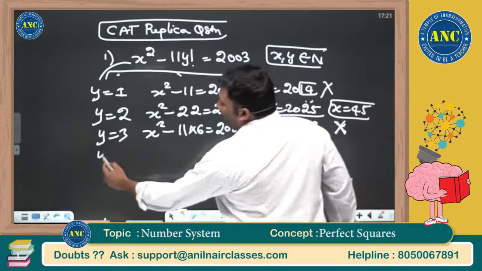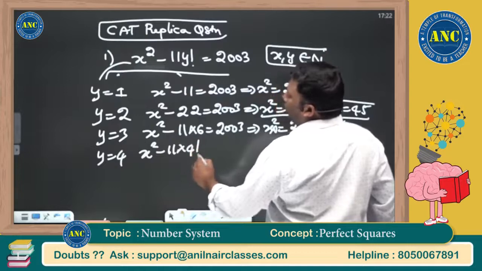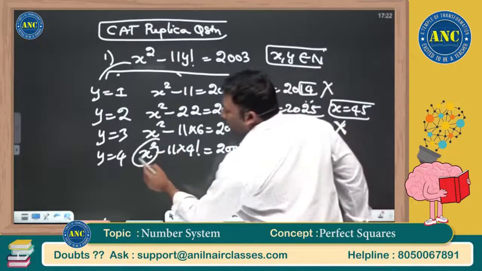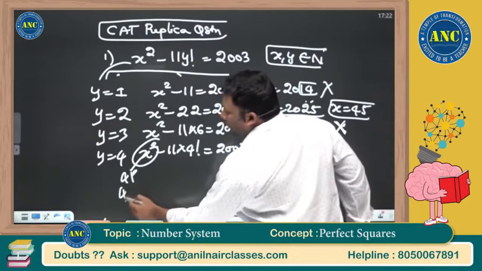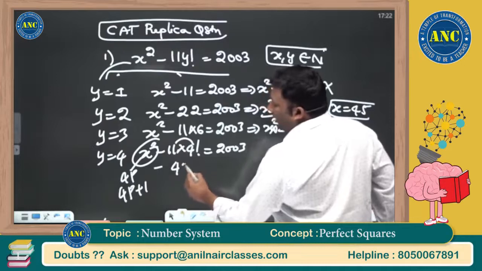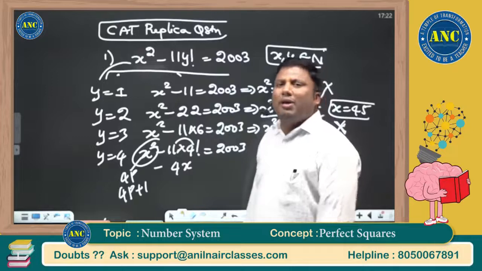Y equivalent to 4. These are nothing but x square minus 11 into 4 factorial equivalent to 2003. X square is of the form 4 into something or 4 into something plus 1. Minus 4 into any number, it is 4 into x. Are you all with me? 4 into any number will be a multiple of 4.